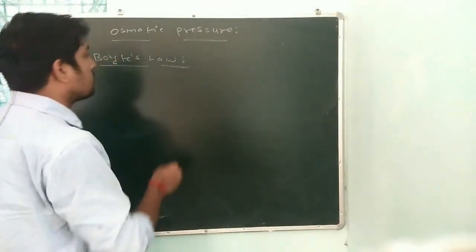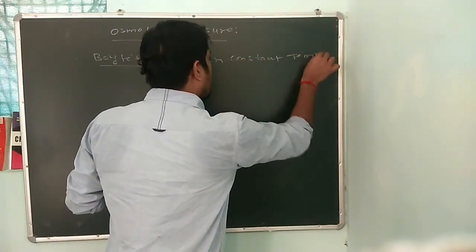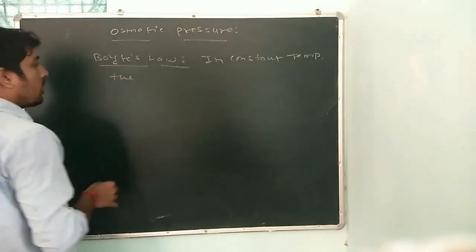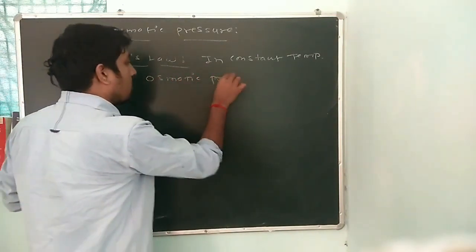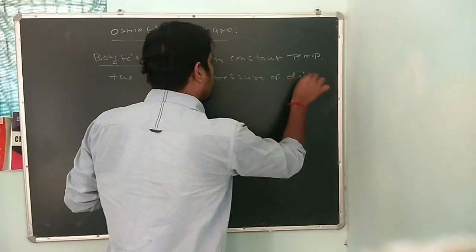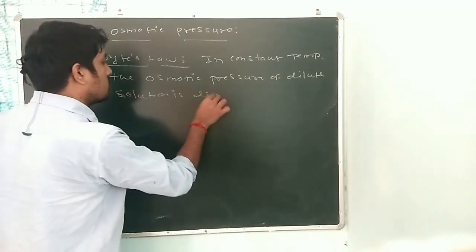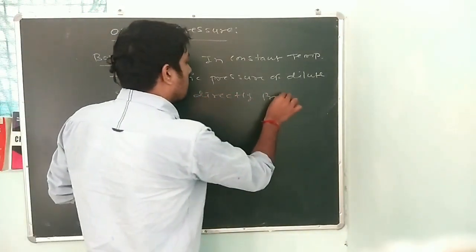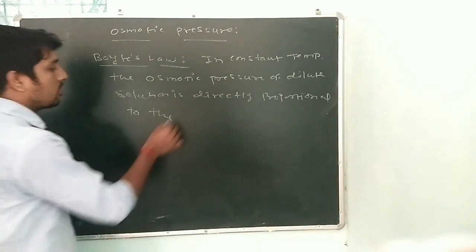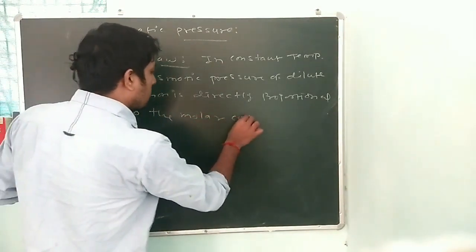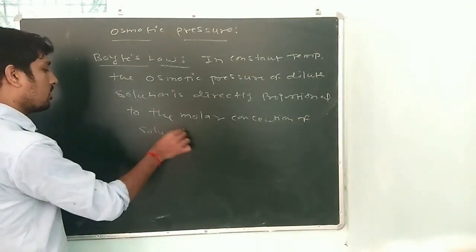According to Boyle's law, at constant temperature, the osmotic pressure of a dilute solution is directly proportional to the molar concentration of the solution.